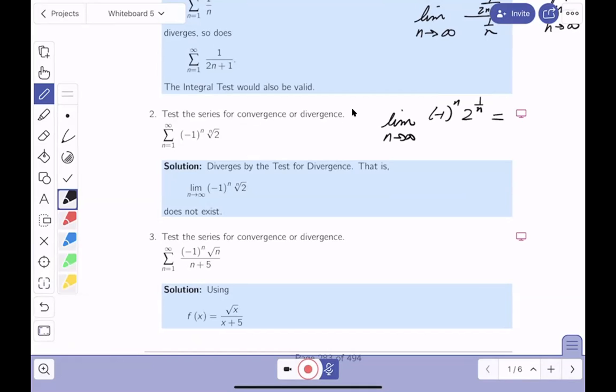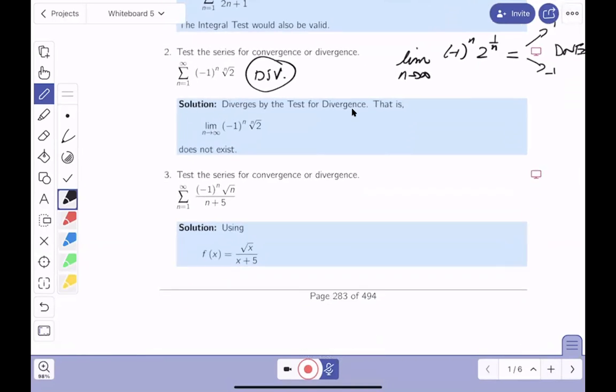If I'm looking at that, 2 to the 1 over n is going to go to 2 to the 0, which is 1. So what happens, this thing is going to bounce around between -1 and 1. What does that mean? DNE, does not exist. Well, you know what? This paid off. I'm glad I did this. What do I know about this? This is divergent. What test am I using? I'm using the test for divergence. The first thing I looked at, probably the easiest thing to do, by the way. All right. So it diverges by the test for divergence.